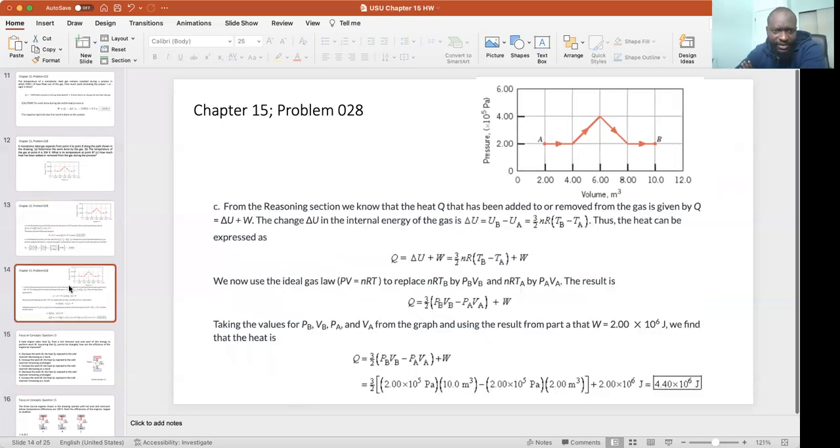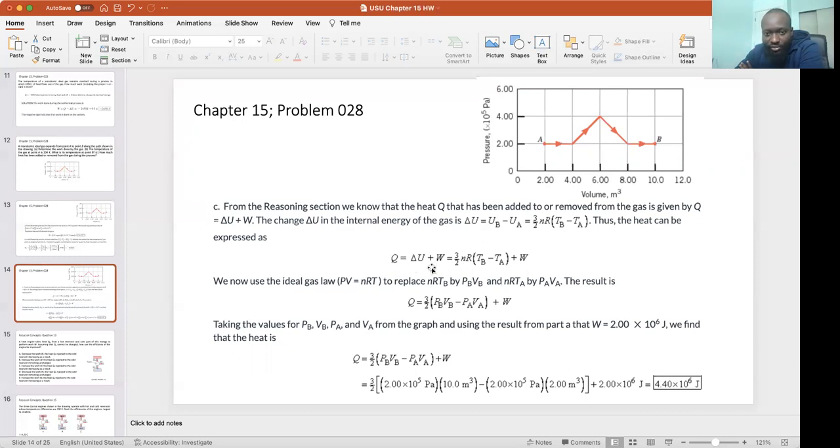Now let's go to the C part of the problem. From the reasoning section, the heat Q that has been added or removed from the gas is given by Q equals delta U plus W. The change in internal energy of the gas is UB minus UA, which is 3 over 2 nR times TB minus TA. So we can calculate that.